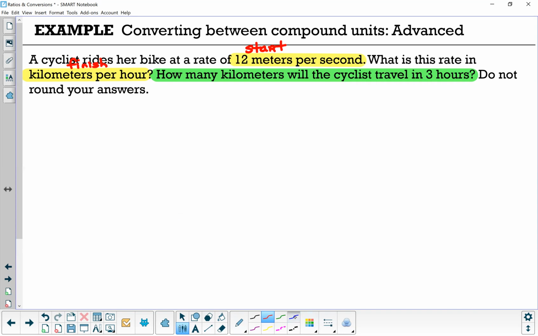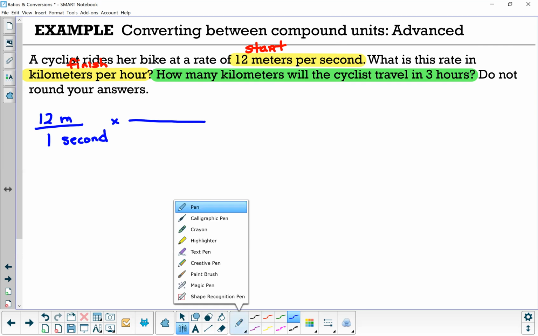Okay, if you want to use the King Henry doesn't usually drink chocolate milk to convert your 12 meters, go for it. I'm going to write my 12 meters over 1 second. I'm going to write out the word second so it's not confused with a 5. Okay, I'm actually just going to go ahead and just do an equivalent statement to convert meter.